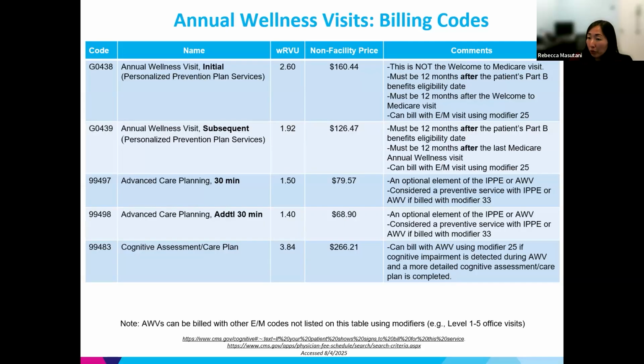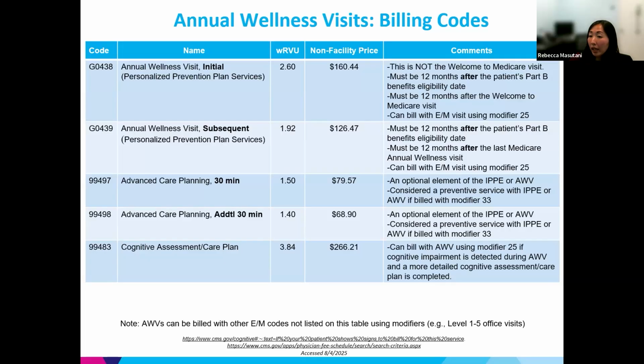In the third and fourth rows of this table, I've identified advanced care planning CPT codes. Keep in mind that, again, advanced care planning, while not required, can be completed as part of the Medicare annual wellness visit.